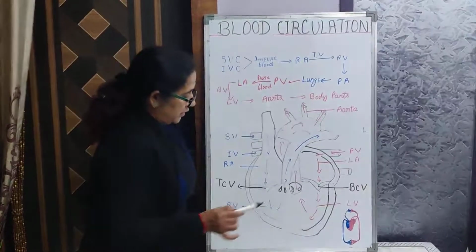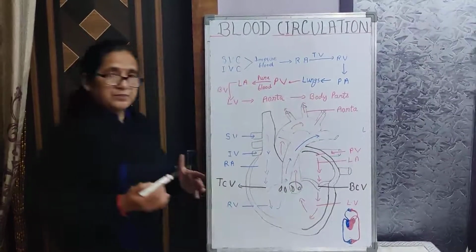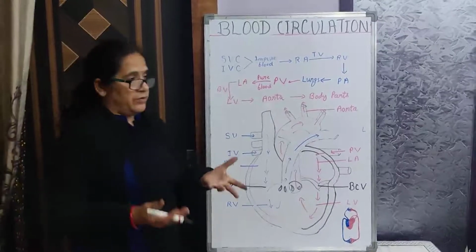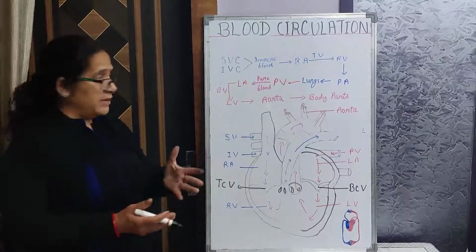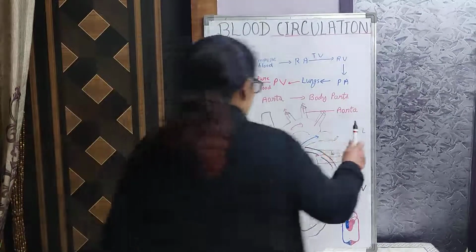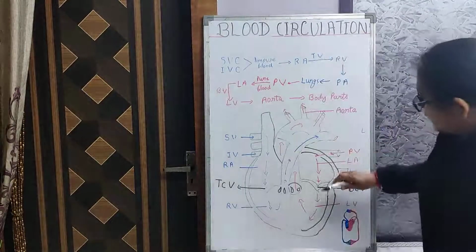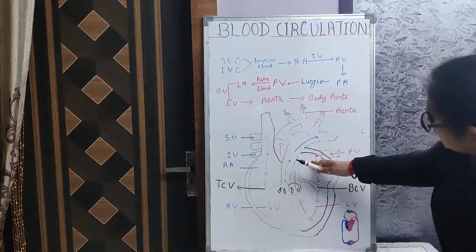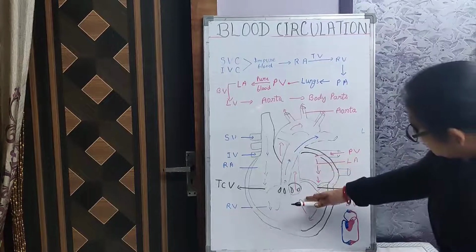After that, when oxygen gets mixed with the blood, it becomes pure, and that is called oxygenated blood. Now you can see here, this is the right auricle, this is the left auricle, and this is the left ventricle.